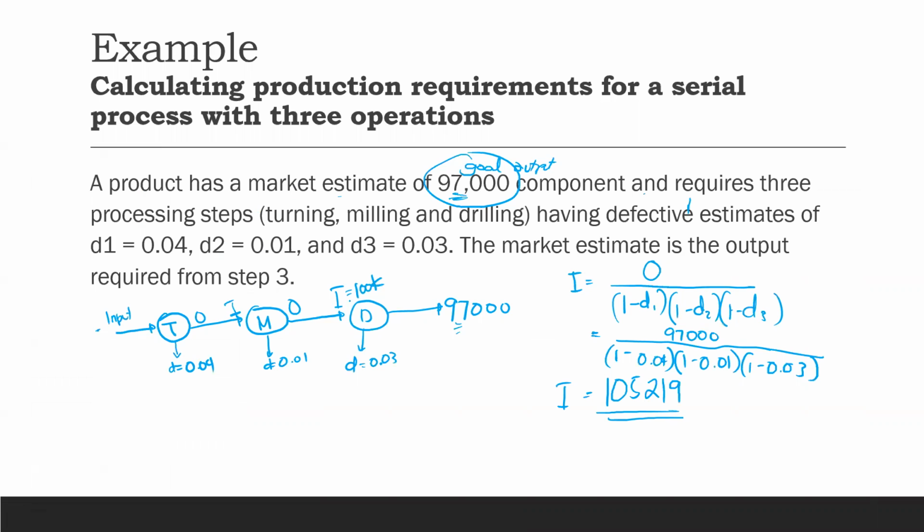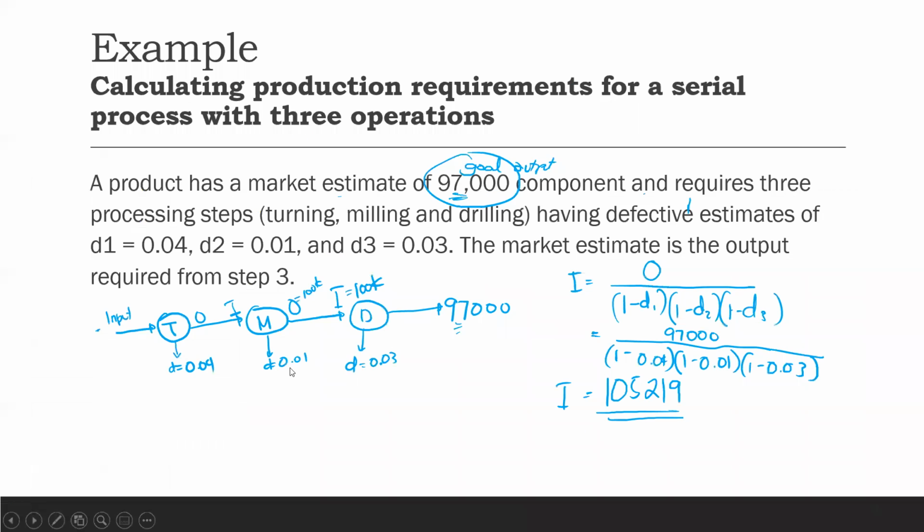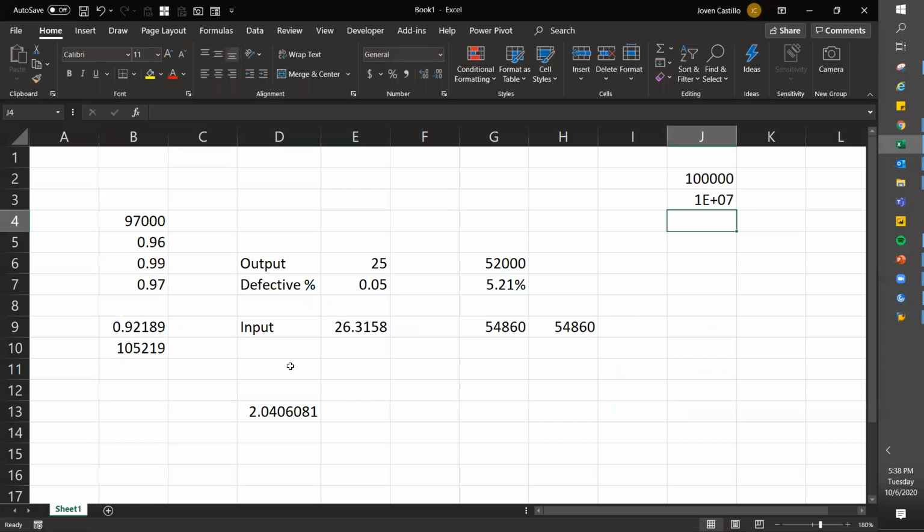So, kailangan ko pala dito ng 100K to produce 97,000. Ngayon, itong output na to ay dapat 100K din. Then, ito yung ating defective rate, 1%. Anong input? So, equal ito divided by 0.99, kasi 1% yun.